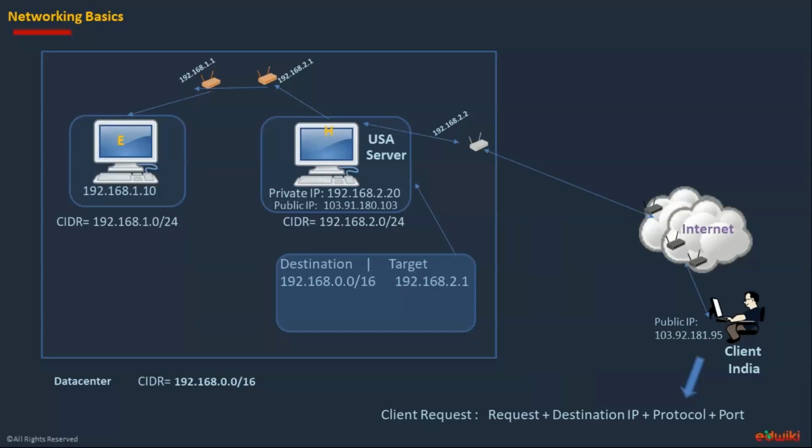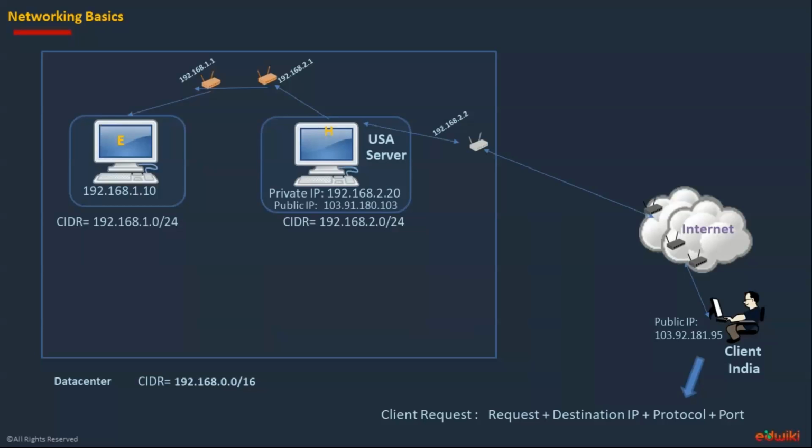Now my statement: whenever you are expecting servers in two different networks to communicate, it is mandatory to have a routing table. Without a routing table, the communication will not be possible. If you don't have a routing table like this, now tell me guys, do you think the H machine can connect with E?